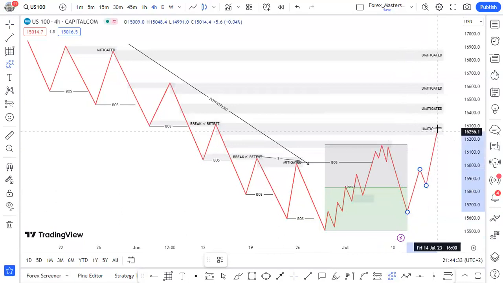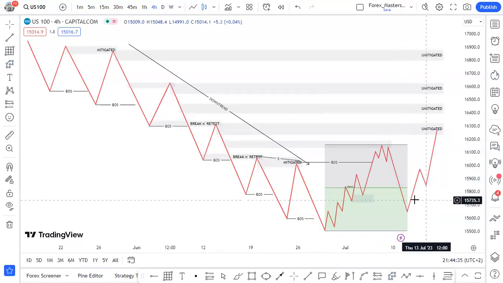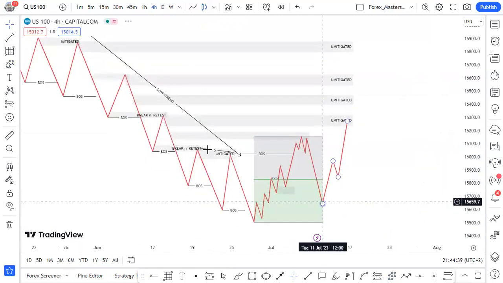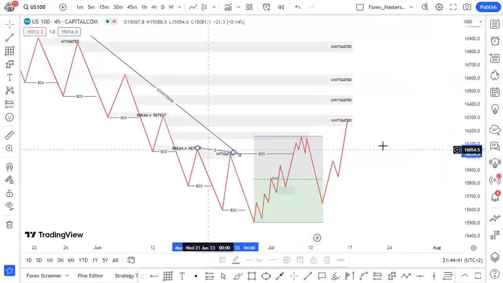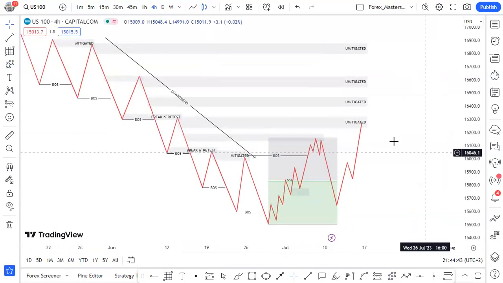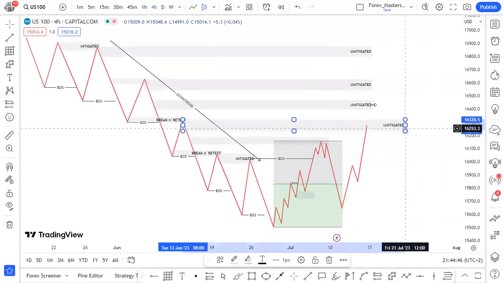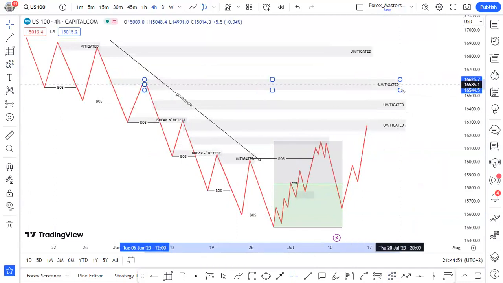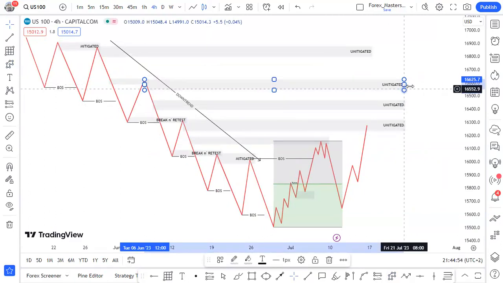So now if price gives us this kind of a move, we now have a confirmed trend. Now that we have this confirmed trend, the next thing that we're going to do is begin to look at these zones.